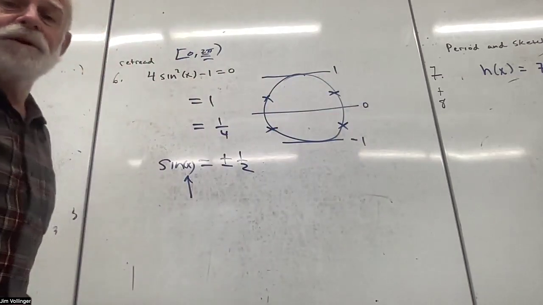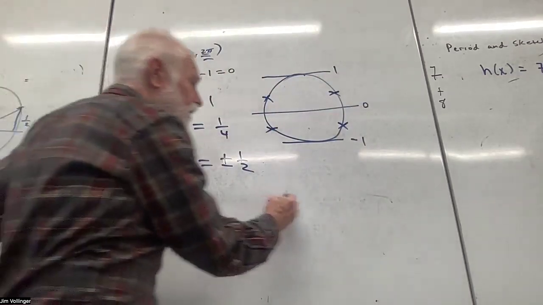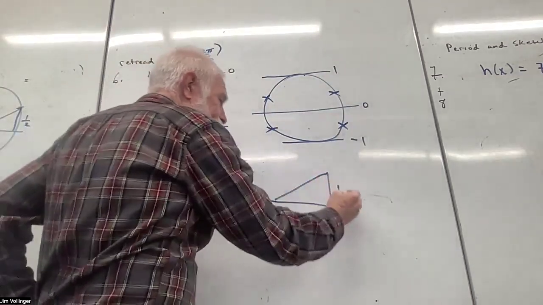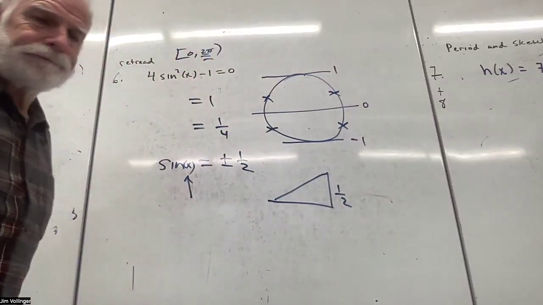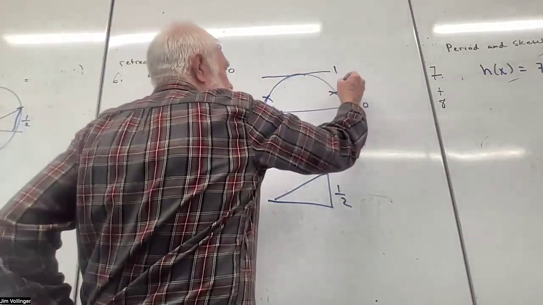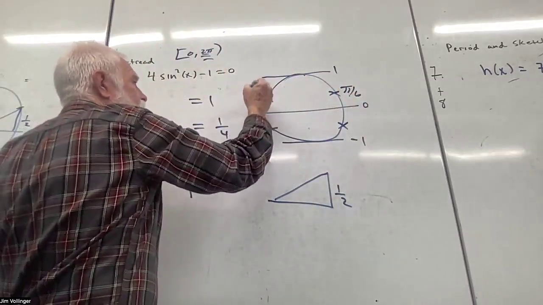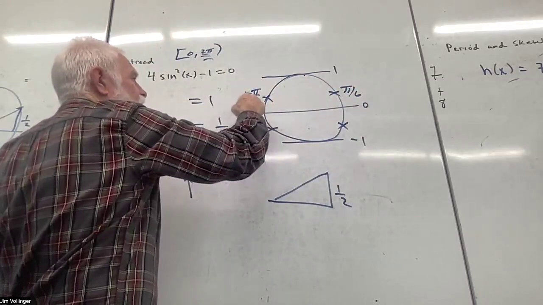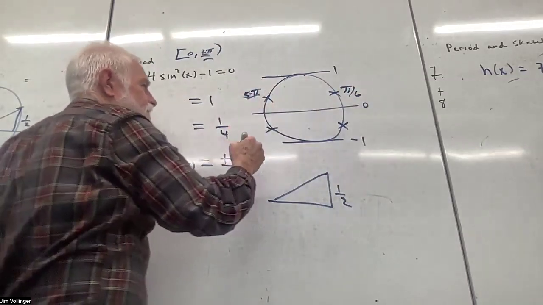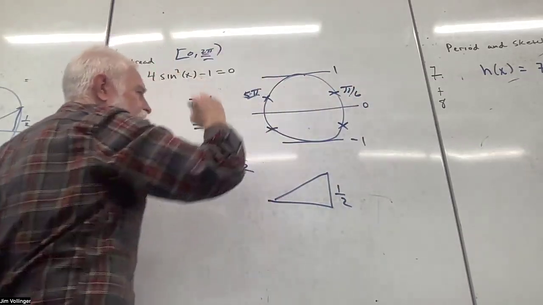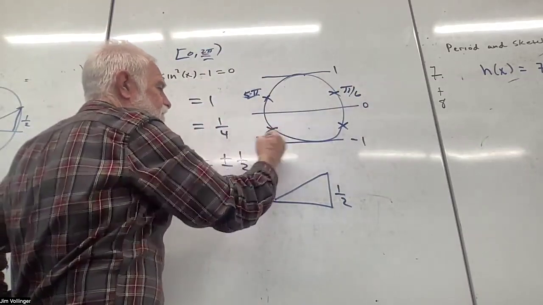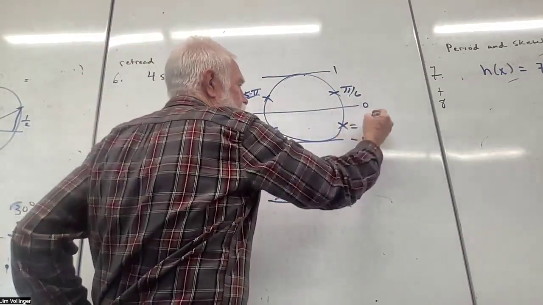And as we keep doing these, we want these triangles to pop up in your head. So pi over 6, all the odds, 3 pi over 6, 5 pi over 6, excuse me, 5 pi over 6. I was talking about the odds, but I just started counting odd numbers. 7 pi over 6 and 11 pi over 6.